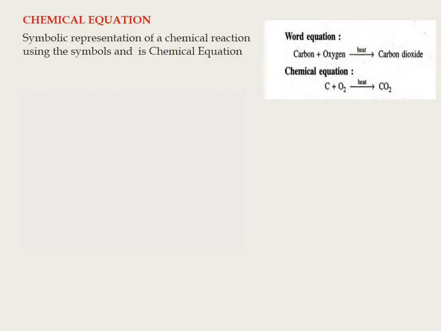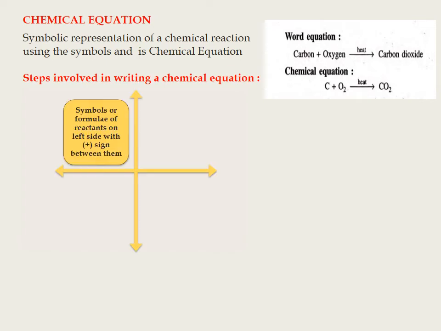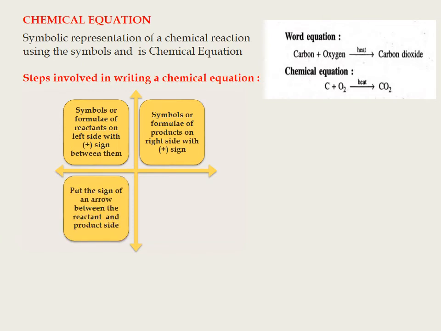Steps involved in writing a chemical equation. Write the symbols or the formulae of the reactants on the left hand side with a plus sign between them. Write the symbols or the formulae of the products on the right hand side with a plus sign between them. Put the sign of an arrow in between the reactant side and the product side.